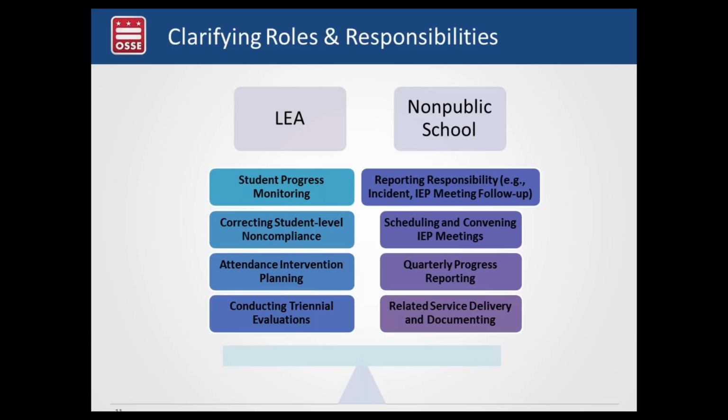The non-public school may also be responsible for scheduling and convening IEP meetings in conjunction with the LEA, quarterly progress reporting, and ensuring that related services are delivered to the student and that the appropriate documentation is uploaded to the student's file to attest to that.